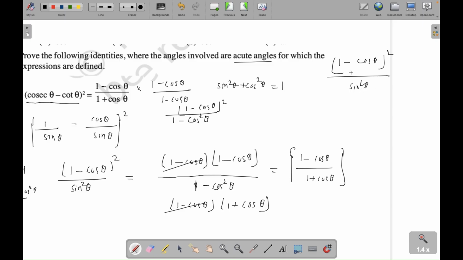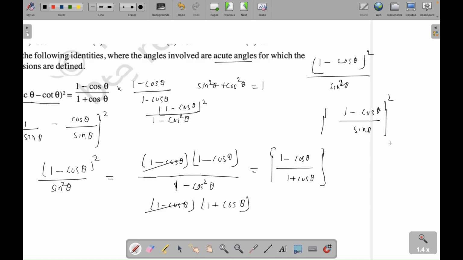Now if I want to bring this sin square theta inside this whole square, I'll just remove this square so that it comes inside the bracket. So it will become 1 minus cos theta upon sin theta, whole square.